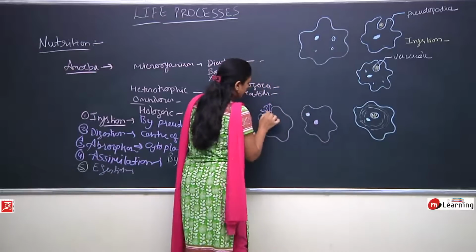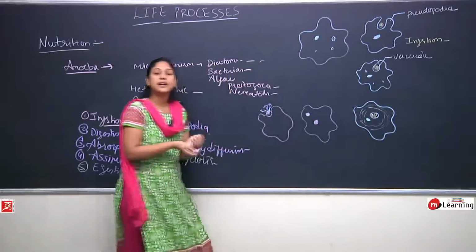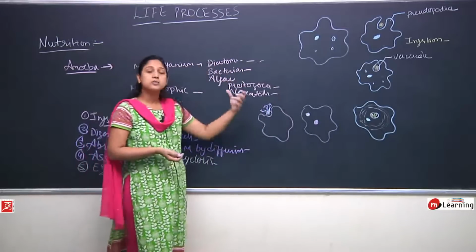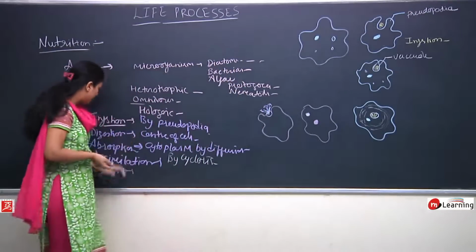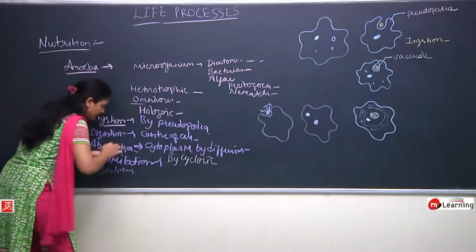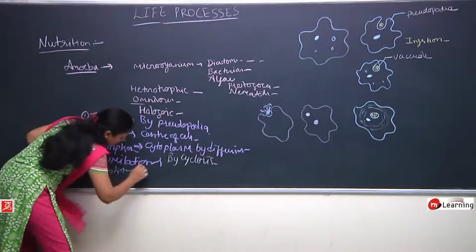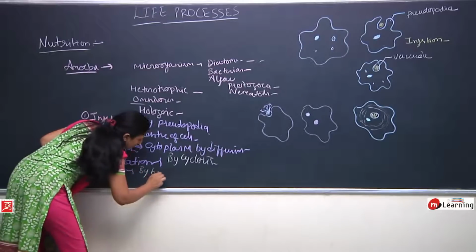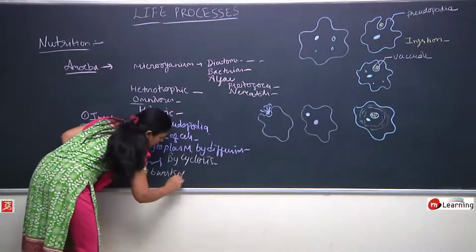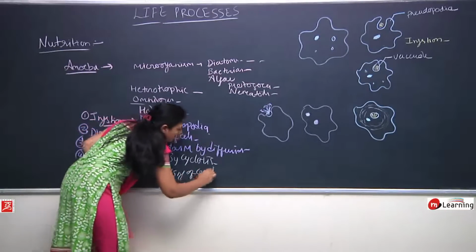In this way the waste material is released from the body, and this process is called egestion. So egestion by bursting of contractile vacuole.